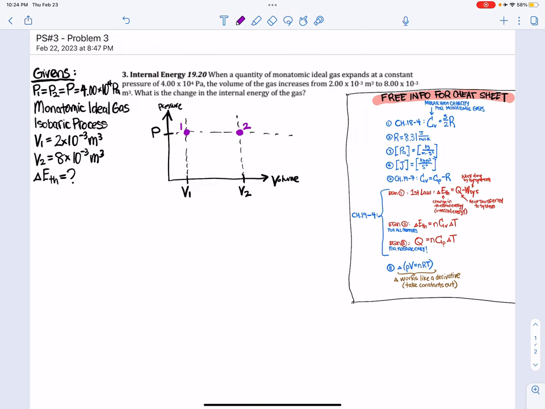So my path between states looks like that. That's a horizontal straight line, right? Going from left to right. So the gas expands, which is what the problem said.